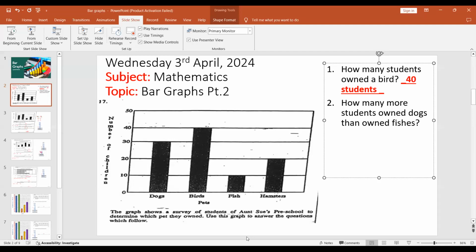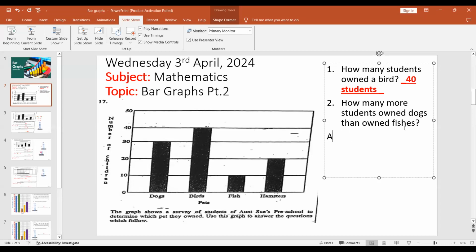Okay. So let's do that. This one is basically we're trying to find the difference of the two, right? So I think Dari already answered. Dari says 20. So how many more students own dogs than fishes? That one is pretty straightforward. For the dogs, we have 30.